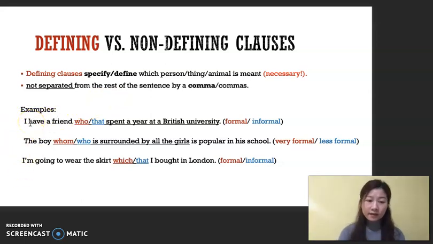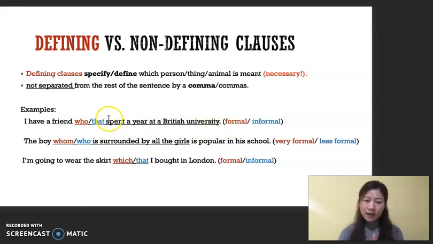Now it's good to look at examples. So I have a friend. Who is that friend? It's very unclear to me. So this relative clause is a defining clause because I need it. It's necessary. So I have a friend who spent a year at a British university.